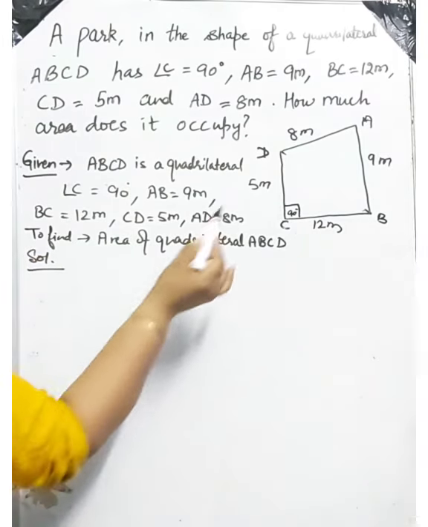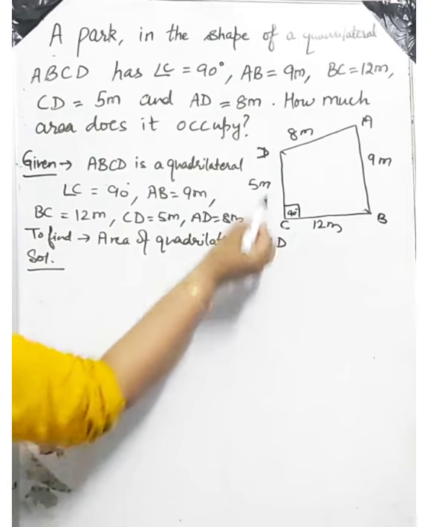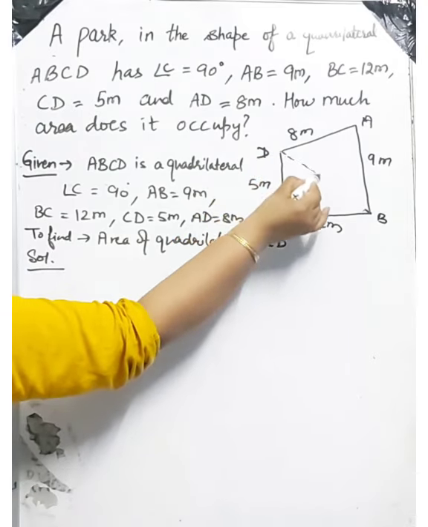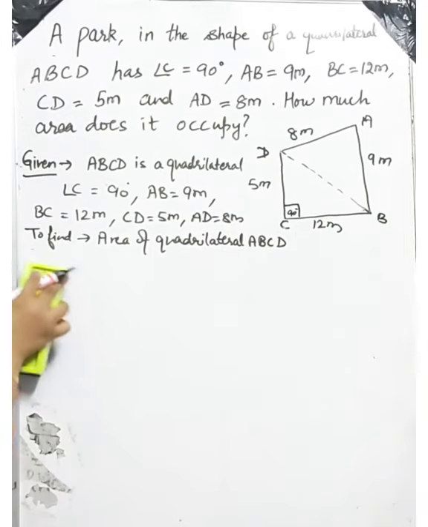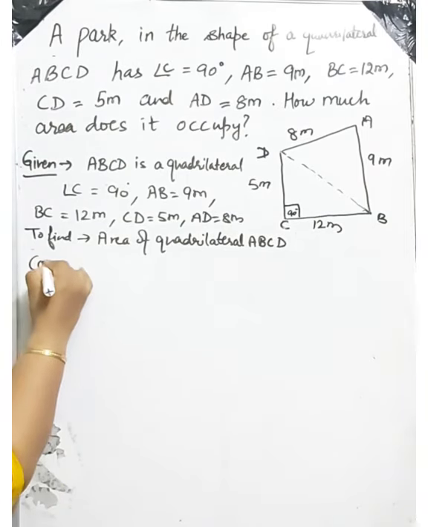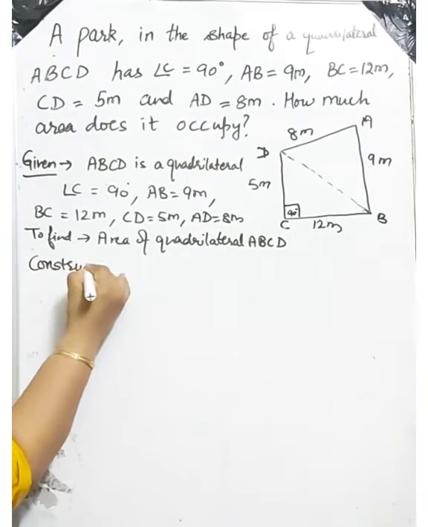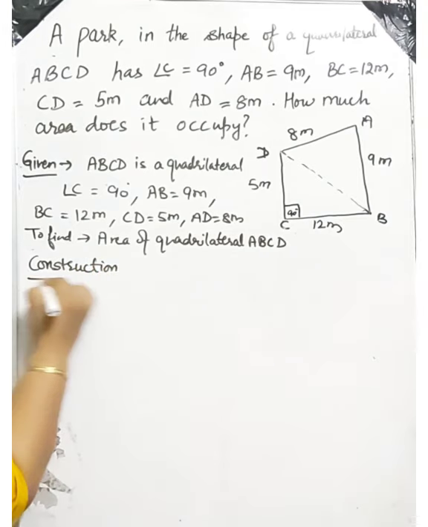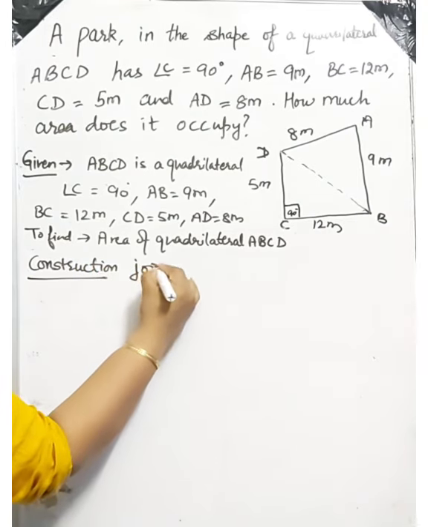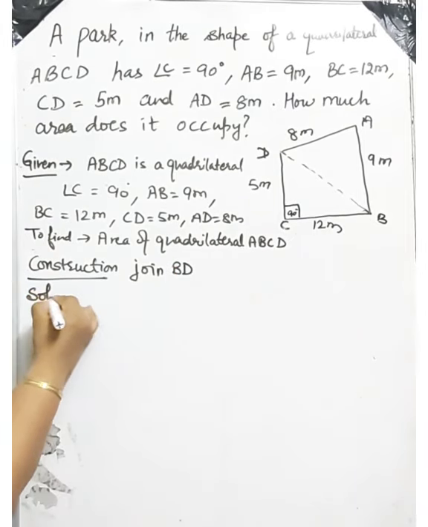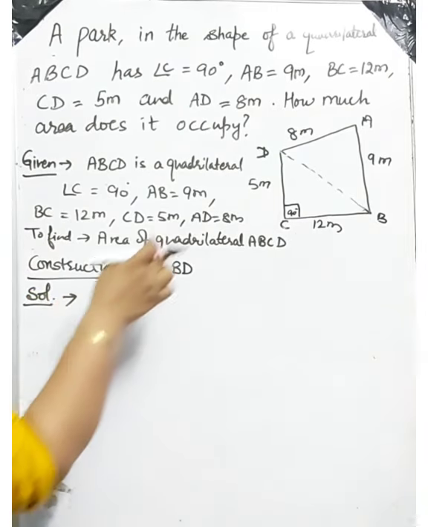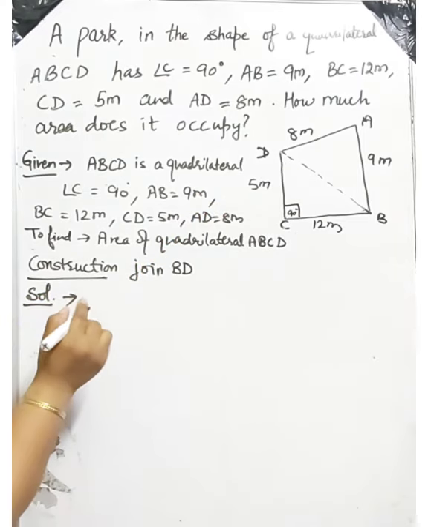Now for finding the area of quadrilateral, we have to join BD. Now construction: join BD. Now we will solve this question in 4 steps.